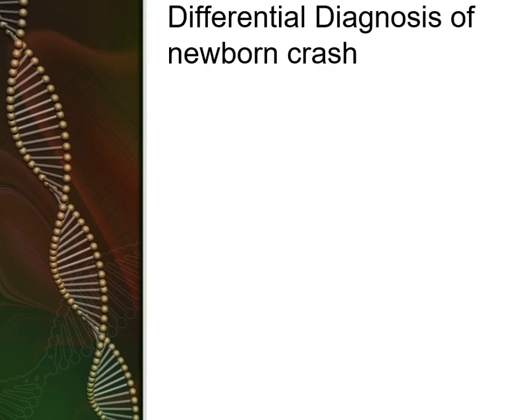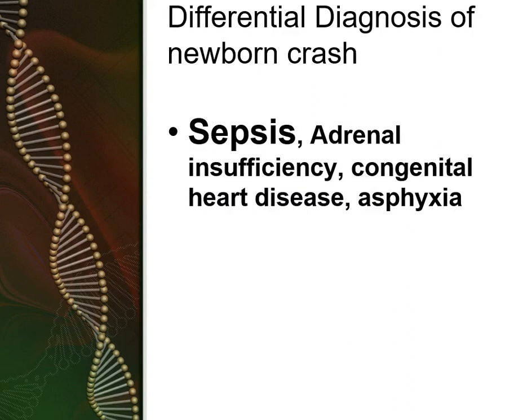So, differential. You have a term baby, born healthy, looking good, and then crashes. The number one thing, the number two thing, the number 10 thing that you think about is sepsis. Sepsis, sepsis, sepsis. But when it's not sepsis, there are a number of other things that need to be considered, including adrenal insufficiency, congenital heart defect, asphyxia.